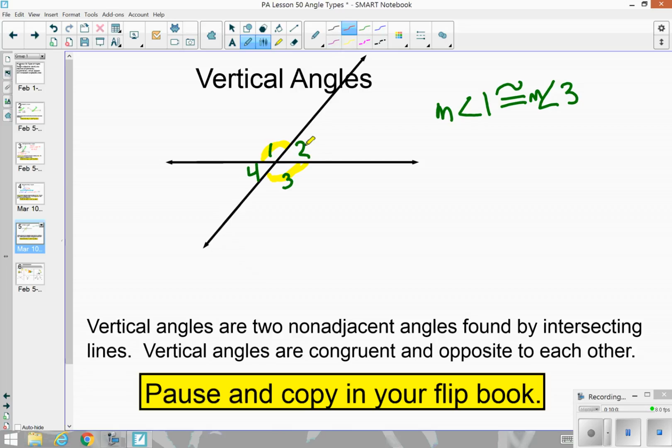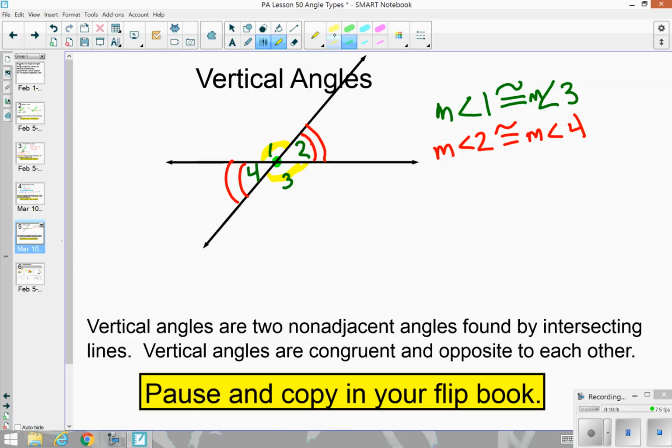Just like the measurement of angle 2 would also be congruent to angle 4. So the measurement of angle 2 is congruent to the measurement of angle 4. And what makes them vertical is that they're opposite each other. We can see that they're opposite, but they all do share a common vertex right here, but they don't share any common sides, and they are not adjacent to each other.